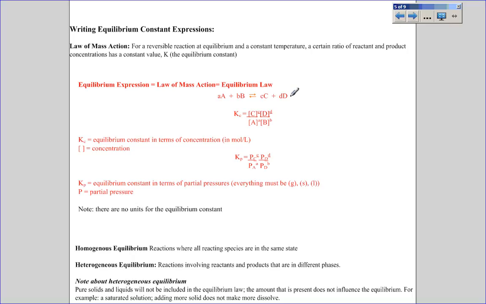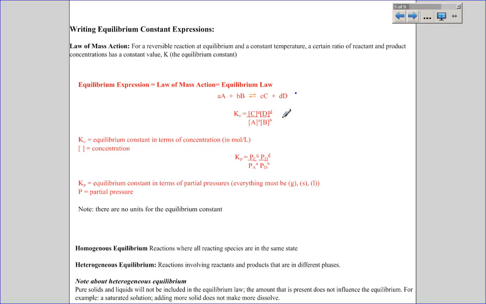So if we look at a general balanced equation, this one here, where we've got reactants A and B and products D and C, the law of mass action expression, which is also referred to as the equilibrium expression or the equilibrium law, is as follows.